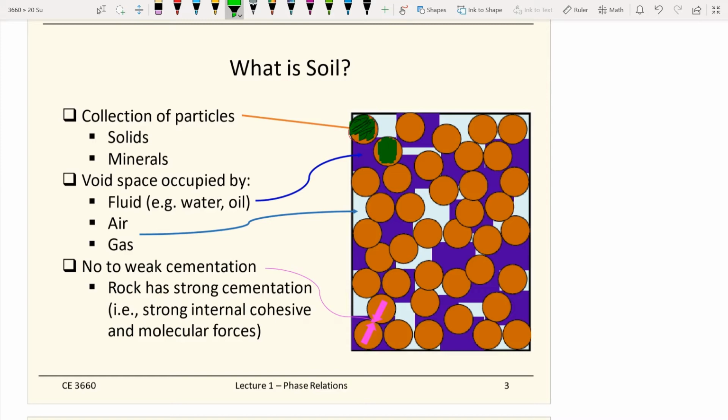Where the solid, air, and water come from, we can visualize with a picture like this. In between the soil particles, in general, there is very weak cementation between them. If there were very strong cementation, they would become a rock-type material instead.